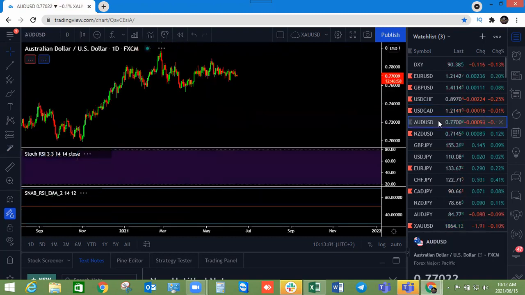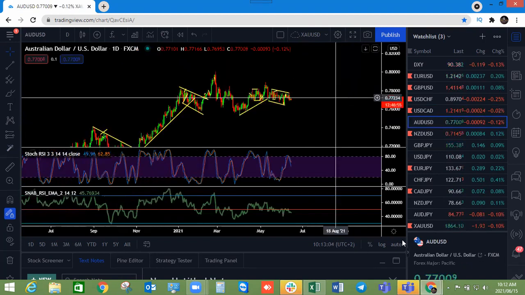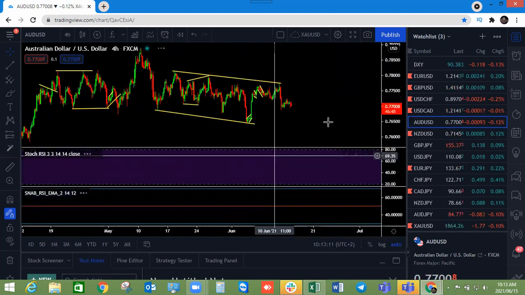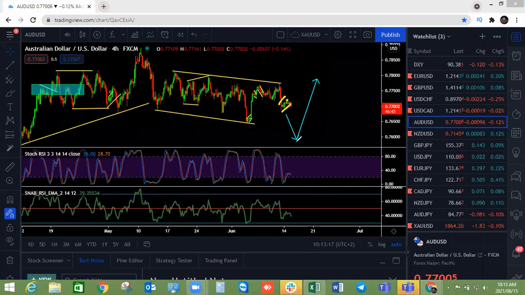Aussie US dollar has hardly moved 2 pips from where it was yesterday. Let's go 4-hour. So Aussie US dollar looking to push lower here, continue to the downside and give us this structure. That is Aussie US dollar.